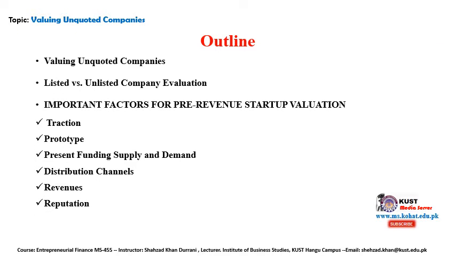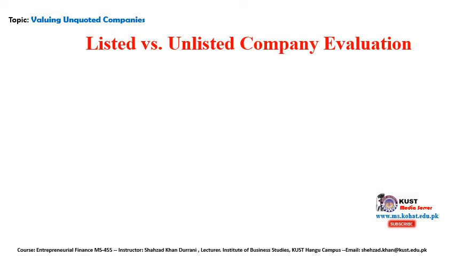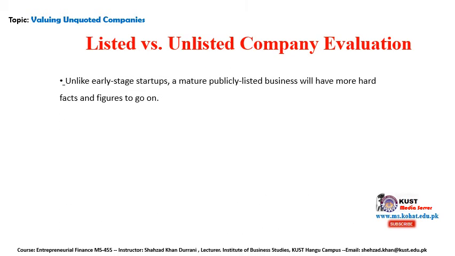The difference between listed versus unlisted company evaluation, right? So we will talk about it. Unlike early stage startups, right, a mature publicly listed company, if the company is listed, will have more hard facts and figures to go on.